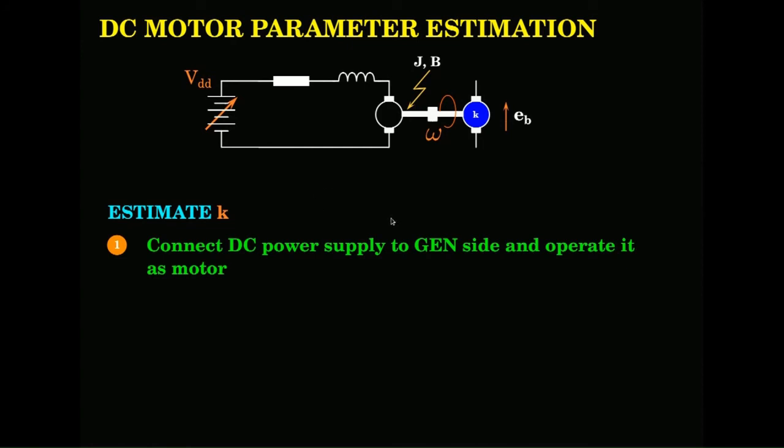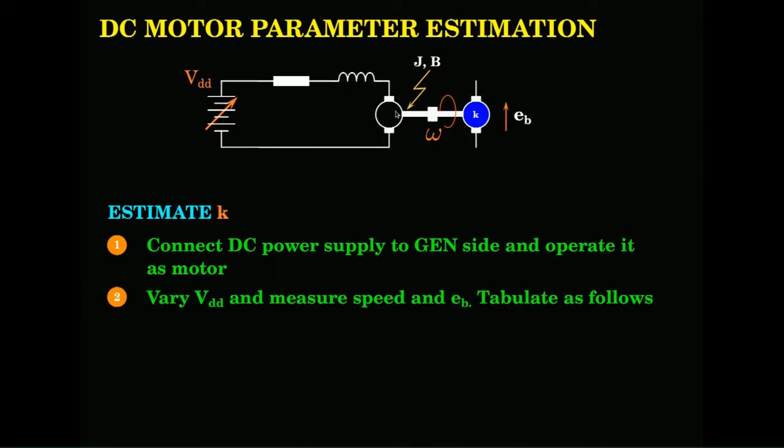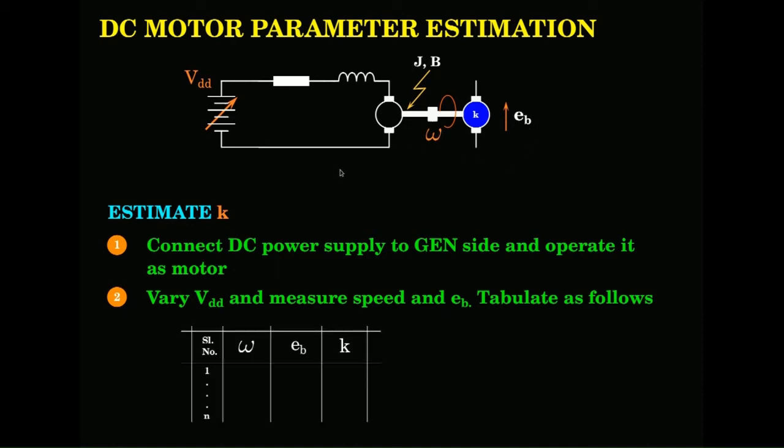So, connect DC power supply to the generator side of your system. Even if they are identical machines, better you do it on the machine of interest, as there will be variations, and operate that as a motor. Then vary VDD and measure the speed and EB. Tabulate similarly.